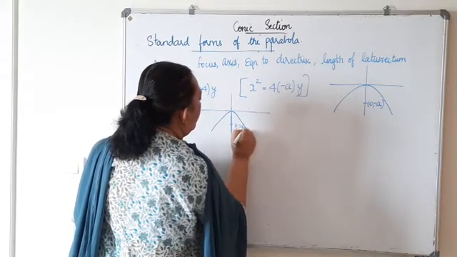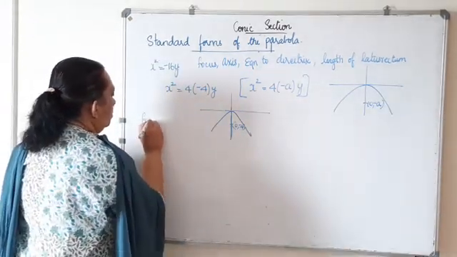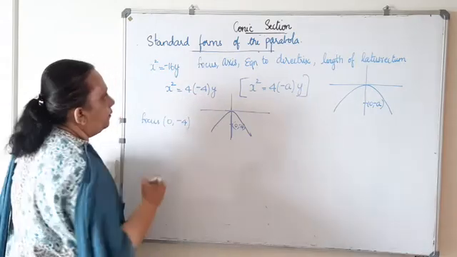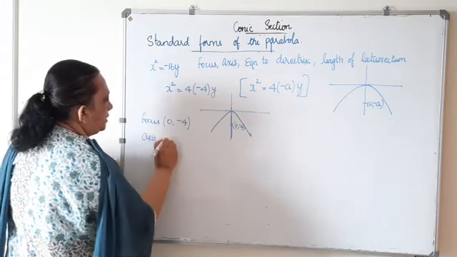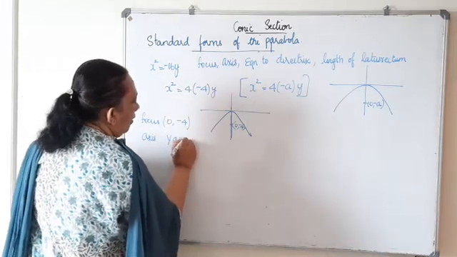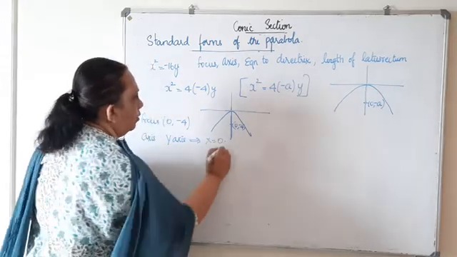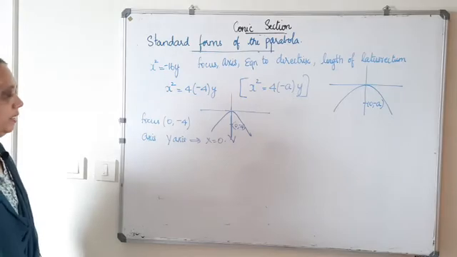Focus is equal to 0 comma minus 4. Axis: the axis is the y-axis, which means x is equal to 0. It is symmetric with respect to the y-axis.